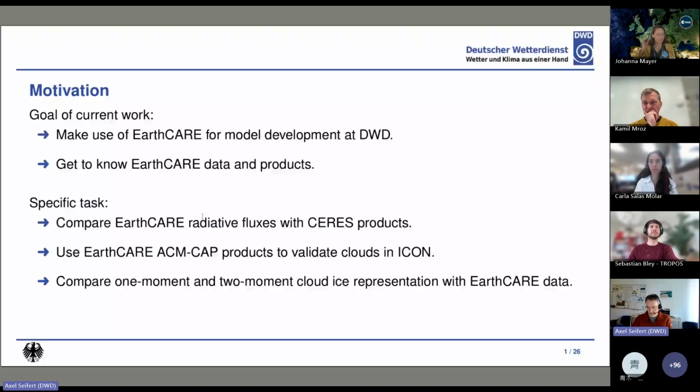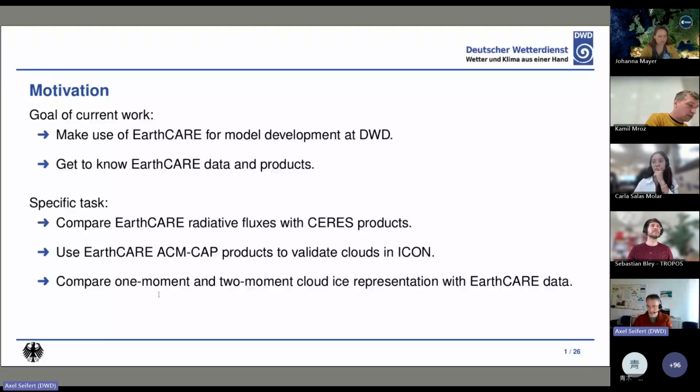First, I started to compare the EarthCARE radiative fluxes with the CERES products, which is what I've used before for radiation validation. And then we dive deeper into clouds by using the ACM-CAP products to look at clouds in ICON.